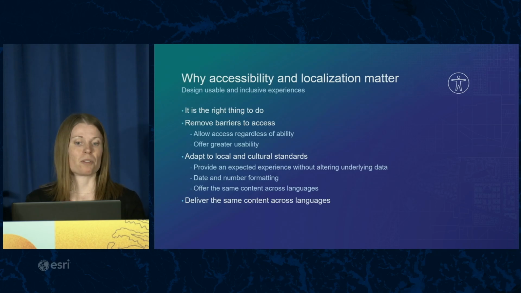But we're also adapting to local and cultural standards. So we have that expected experience, especially when it comes to internationalization, where there's an expected experience when it comes to, like, date format, for example. So we'll be talking about that today. We'll also be offering the same content across languages, and then also how we can deliver the same content across languages through automation.